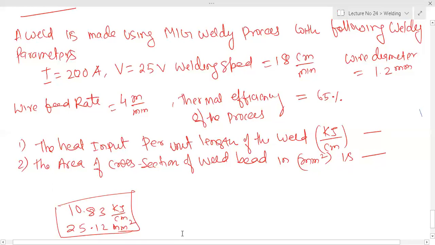So 1.083. Is it 10.83 or 1.083? Centimeter. Okay, fine, you are writing millimeter. In centimeter it will be more, right? Correct, you are correct. Answer is in kilojoule per centimeter.